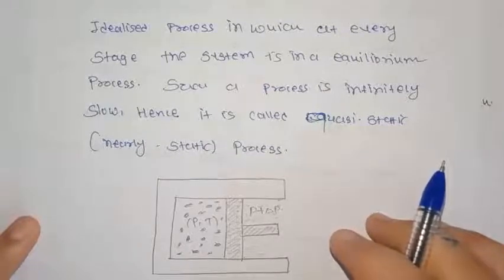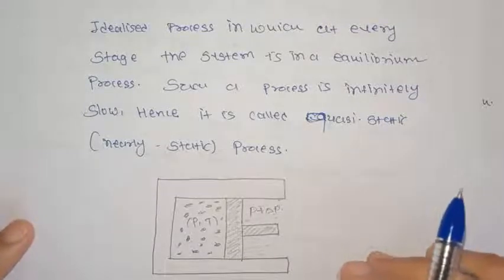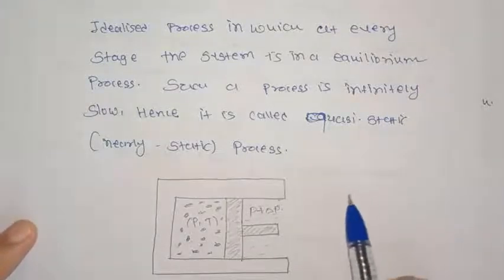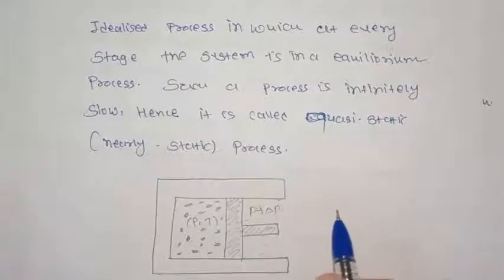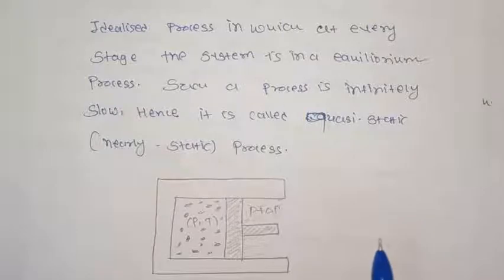A quasi-static process is obviously a hypothetical concept. Practically, processes that are sufficiently slow and do not involve accelerated motion of the piston, and also do not involve a large temperature gradient, that is large temperature change, are nearly approximated to be an ideal quasi-static process.